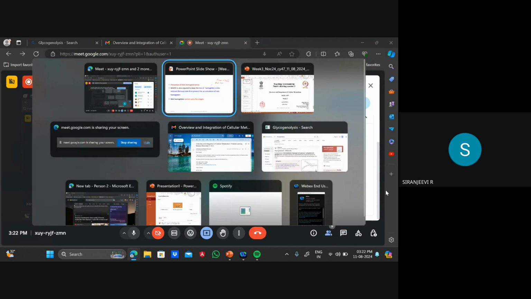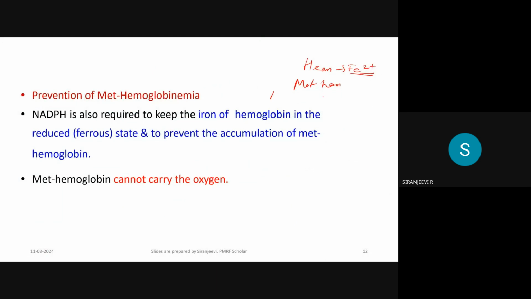What will happen in the normal heme molecule is that Fe2 plus ion is always in the reduced form. But in methemoglobin, it will be converted into the oxidized form, Fe3 plus. Because of this Fe3 plus, the methemoglobin cannot carry oxygen.